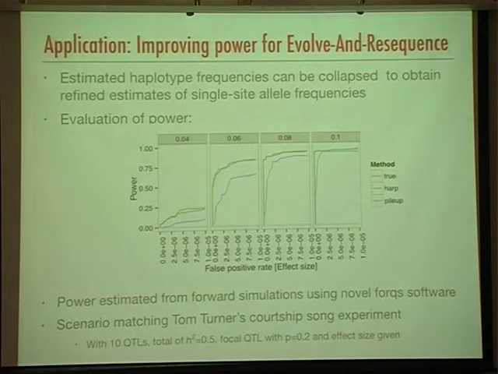So in quantitative genetics, you have some residual environmental variance, and we can measure effect size relative to that for a single trait.